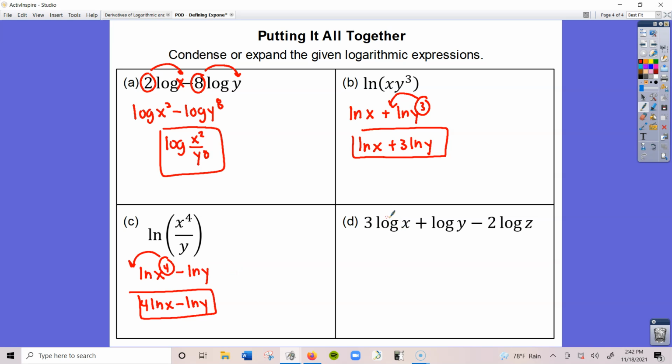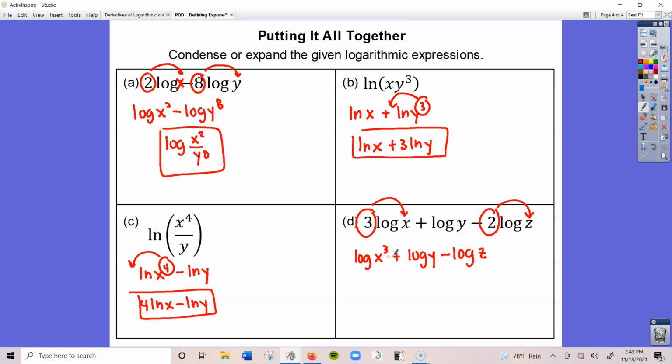In this last one, we have 3 log x plus log y minus 2 log z. So here it's expanded, and now we want to condense it. All of these coefficients can be moved as the exponents. So this is the log of x to the third plus log of y minus log of z.